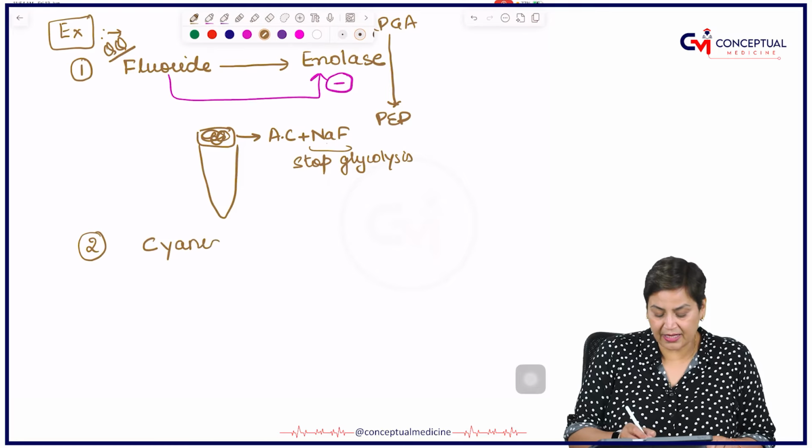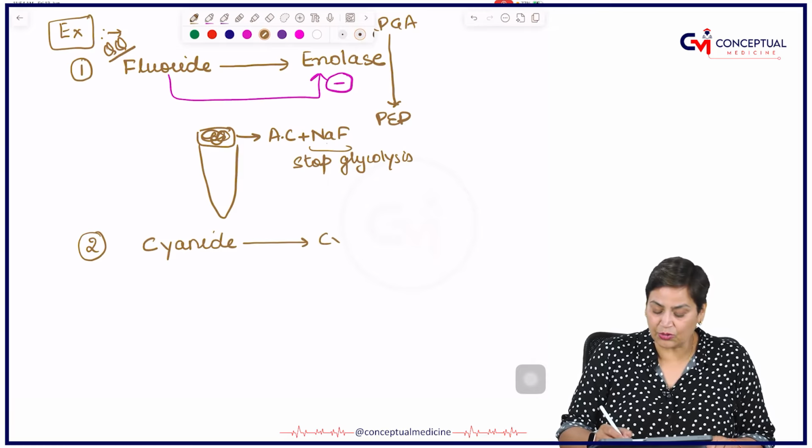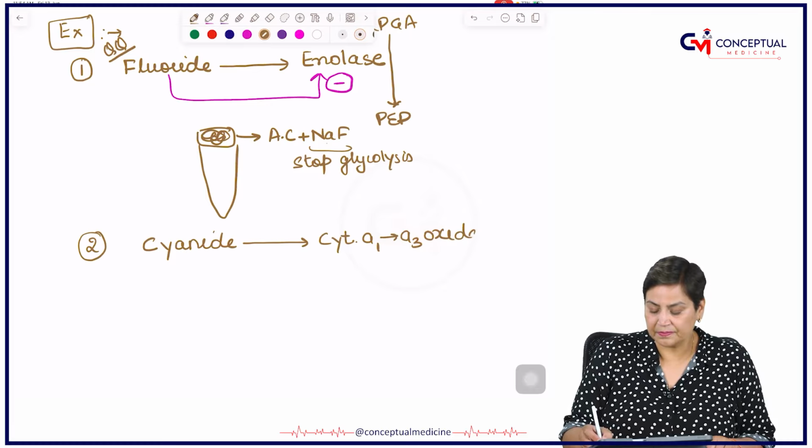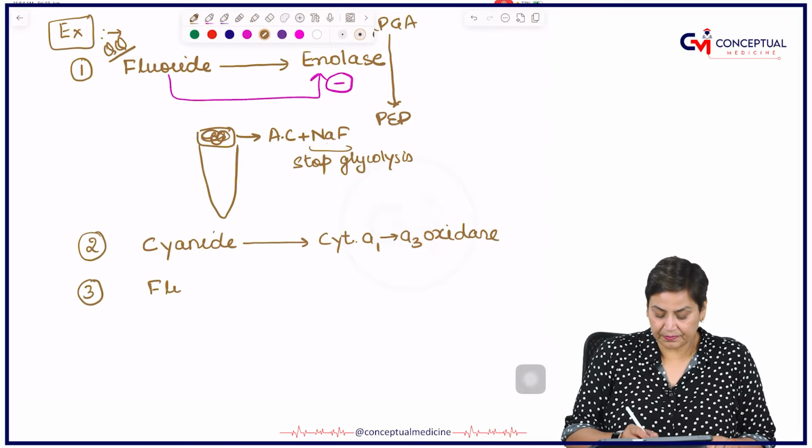We know that cyanide, we've been studying this for donkey's years, is an irreversible inhibitor of cytochrome A1, A3 oxidase. Third example can be fluoroacetate.